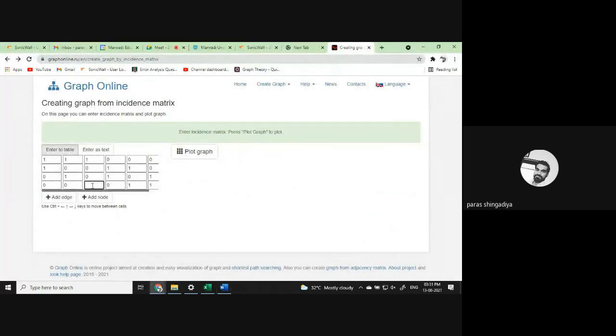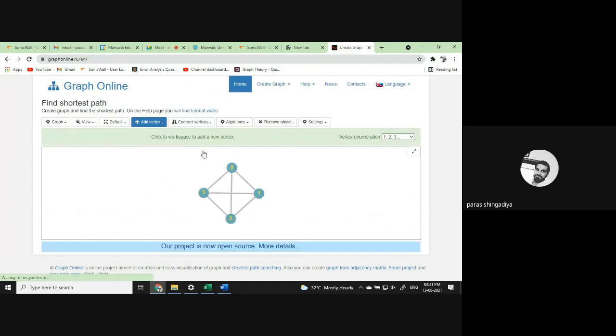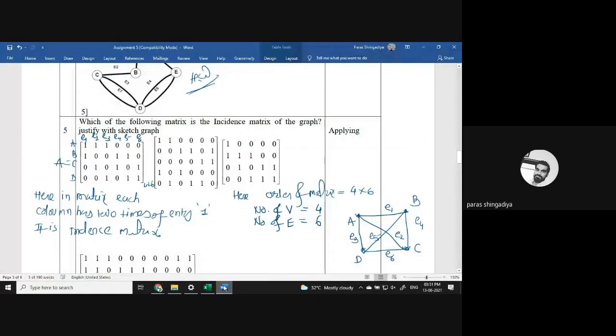Now you can see the graph we have derived. So you can verify your graph with this tool, whether it is correct or not. And we also get the same answer, with a different structure.